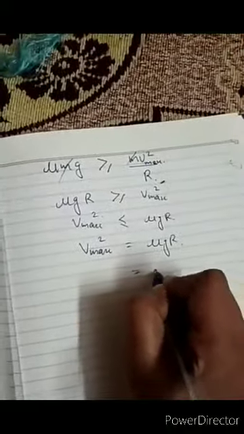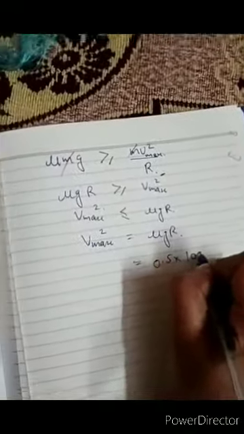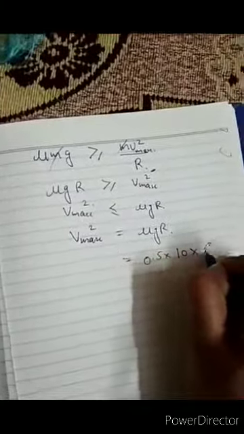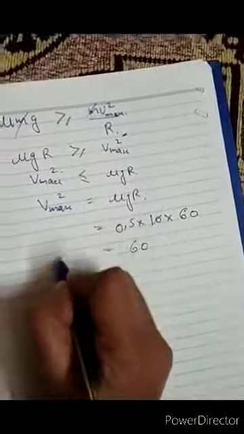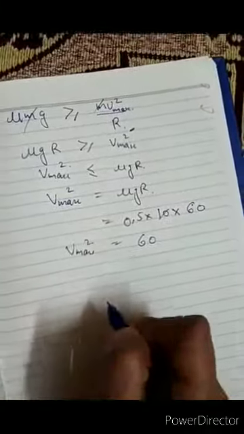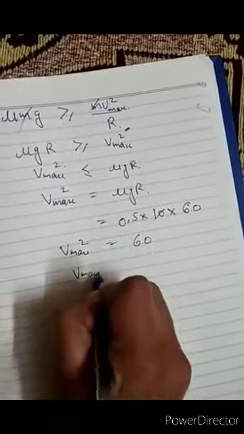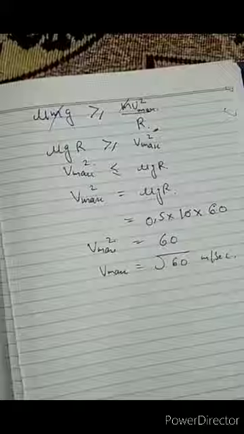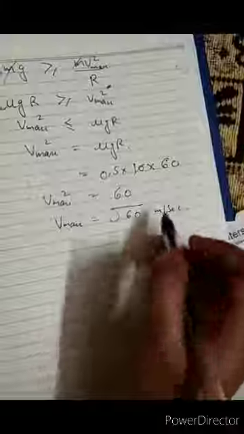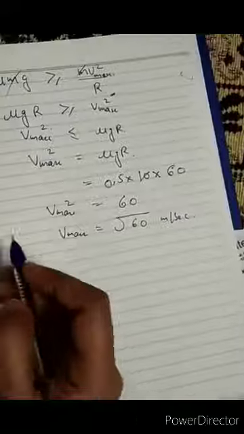We have mu in the question, mu is equal to 0.5. We have g, let's say g is 10, and we have r, that is 60 meter. So this cancels out, and we have 60. Vmax is equal to square root of 6g, or Vmax is equal to under root of 6g meter per second. Fine, all good till now. So this is the speed.